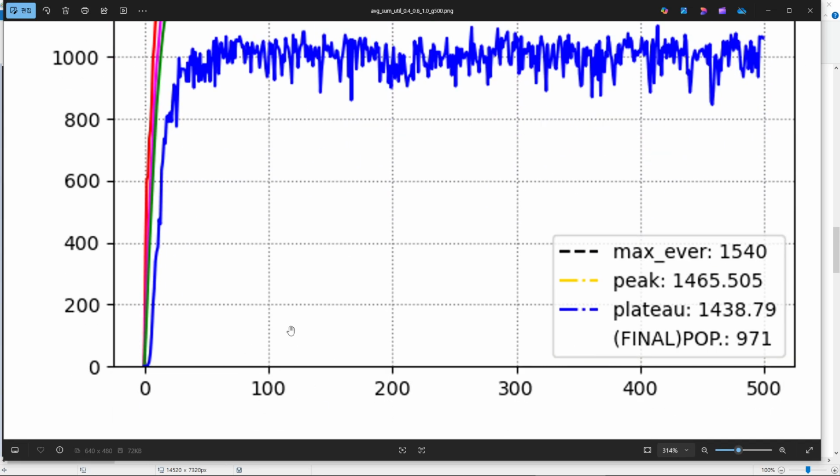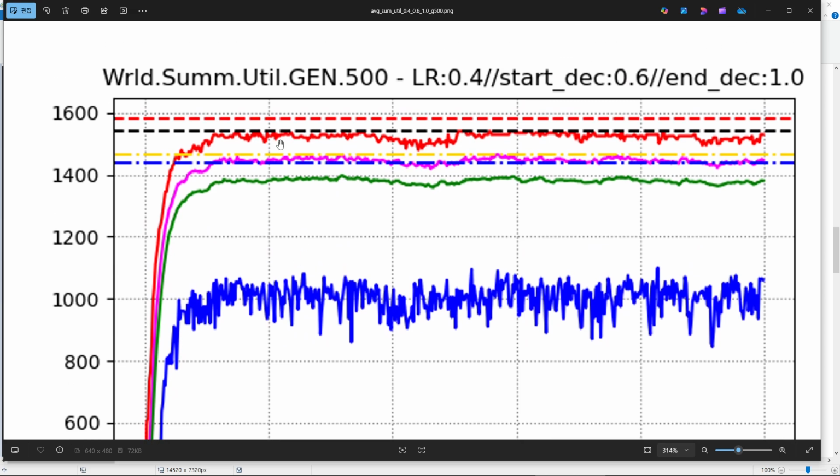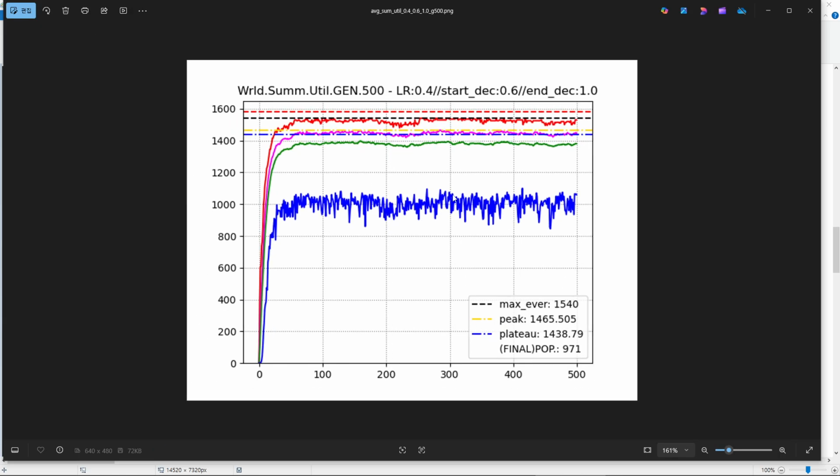As early as generation 100, or maybe even before that. And the heads do falter off a bit here as well, but then again they do recover, and a few more times there.